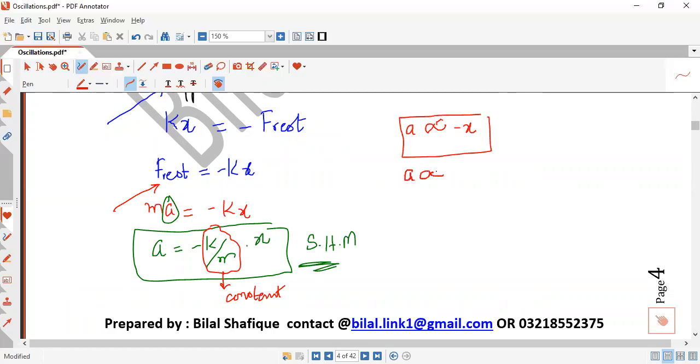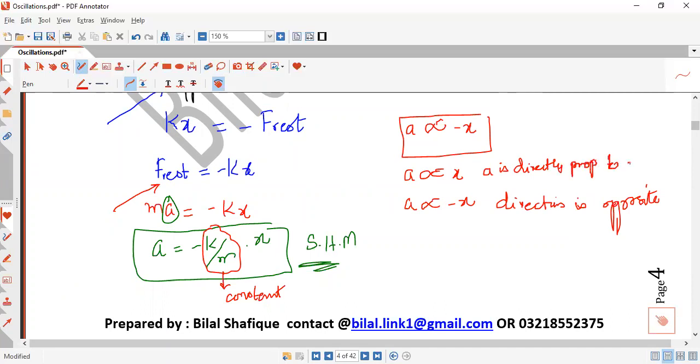A is proportional to negative X means the direction is what? Same or opposite? Opposite, right? And A is proportional to X means A is directly proportional to X. Right, students? Okay.